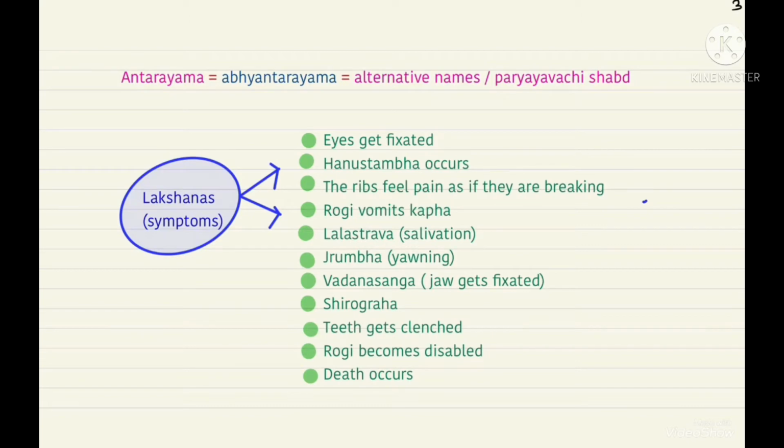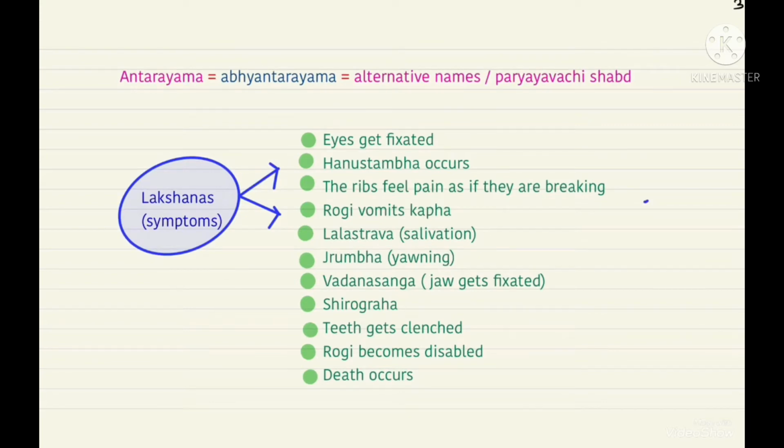Jrumbha is there, which is excessive yawning. Then Vadanasanga is there, the jaw gets fixated, or what we call lockjaw. Then Shirograha is there, headache. Then teeth get clenched. Rogi becomes disabled, and then eventually death occurs. So these are the symptoms or lakshanas that are seen in Abhyantarayam.